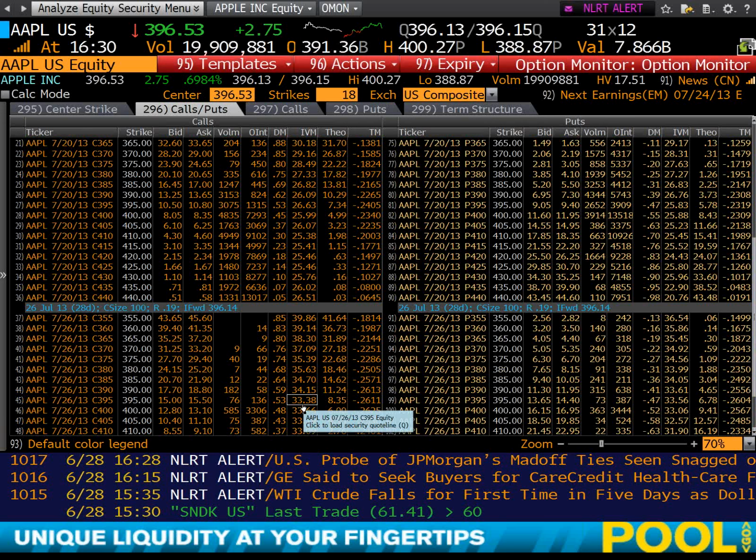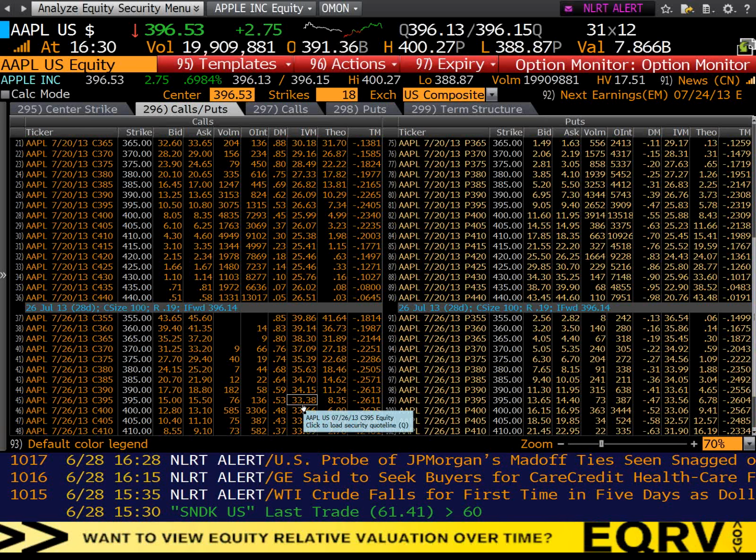The reason, obviously, people want to trade these and are more concerned about the reaction of these options is because they capture the earnings release, which happened 4 days prior to expiration.